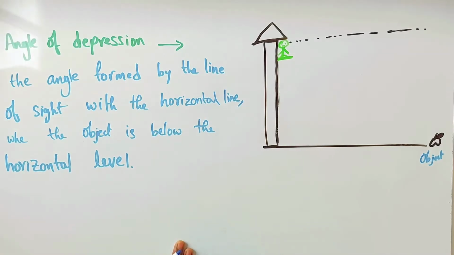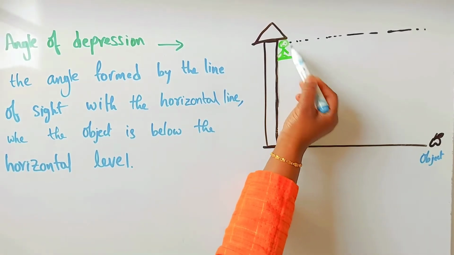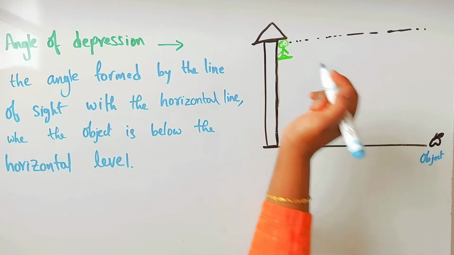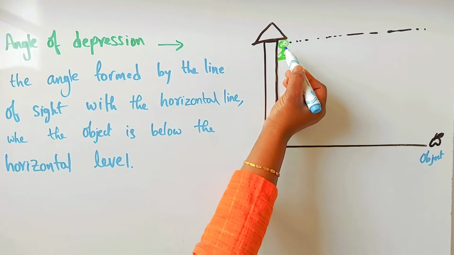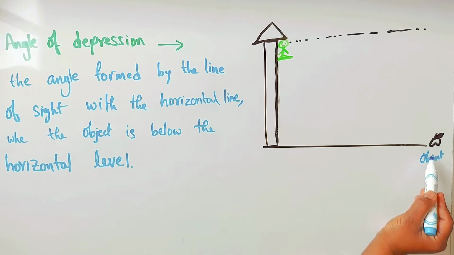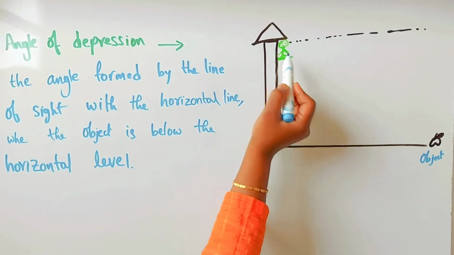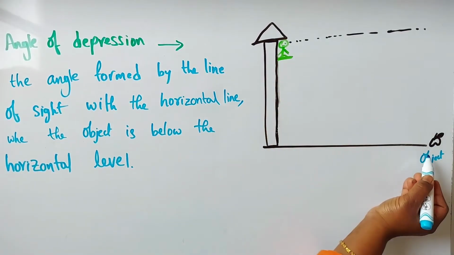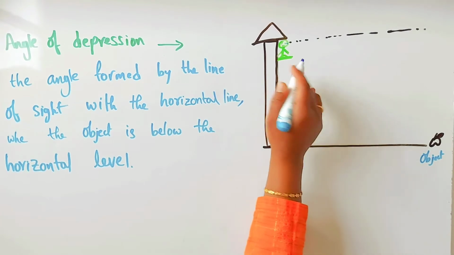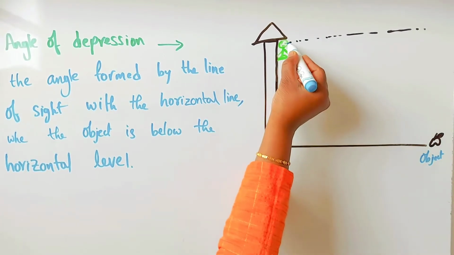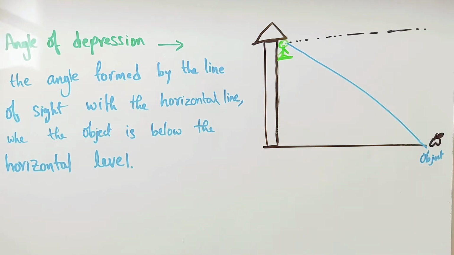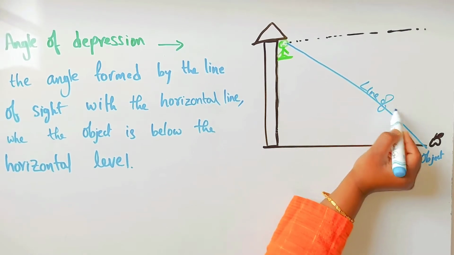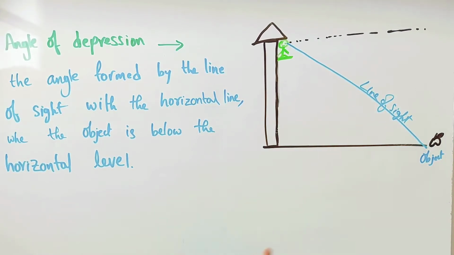Now angle of depression, children. Think the boy is standing on the balcony of this building, children. If you want to see straight, this is the horizontal line. But he wants to see an object that is down, children. Right? Now he wants to see the object that is down. He will look down. So the line drawn from the eye of an observer to the object is called line of sight, children. So this is the line of sight here, same as before. Right?